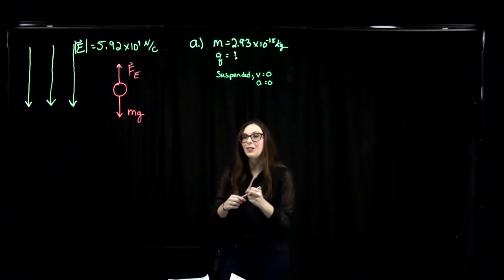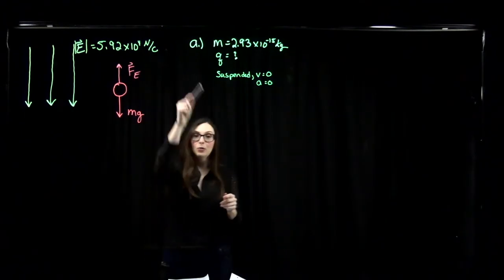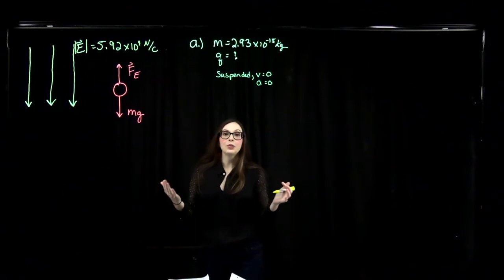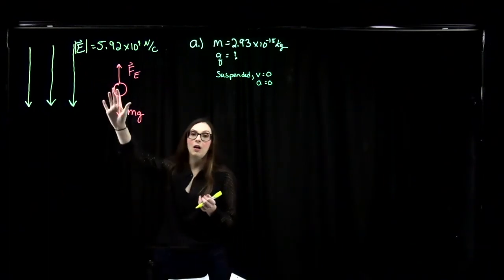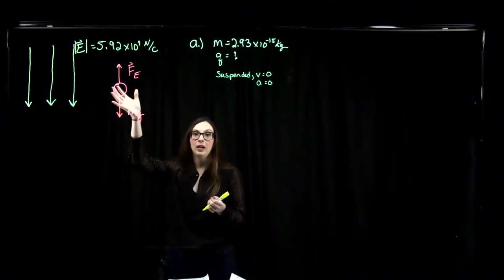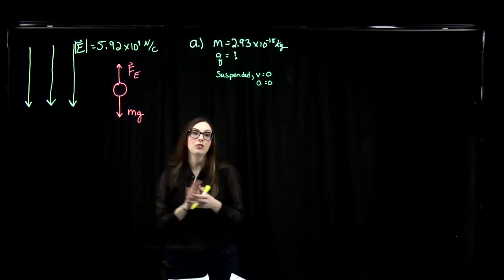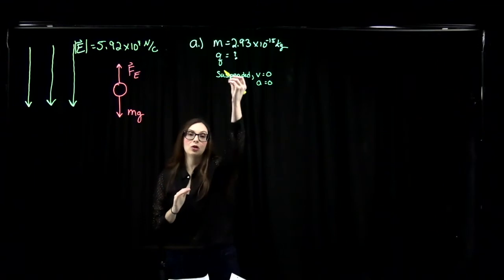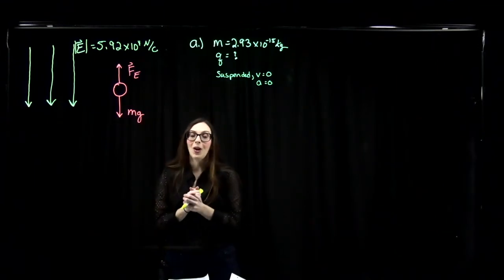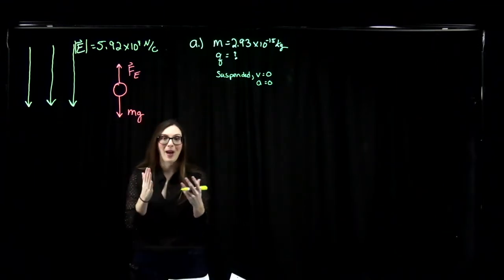This is our free body diagram for this mass. We're going to use F equals ma, Newton's second law, in combination with our equation for electric force and electric field in order to get the charge on this mass.